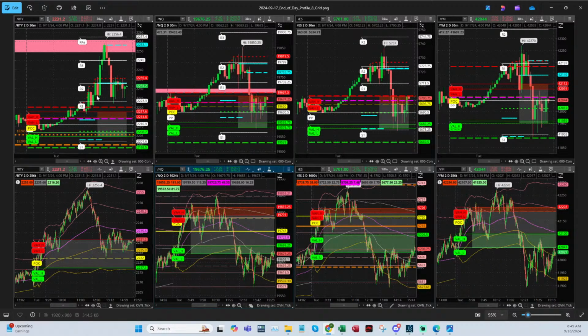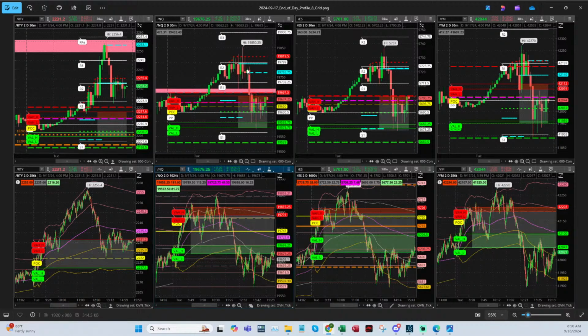Looking back at yesterday's action real quick, we had the Russell come up and clear some older single prints from the previous contract. We had the NASDAQ actually do a split right on a previous split, which is very ironic to me, because these contracts have nothing to do with each other, but people remember price, right?